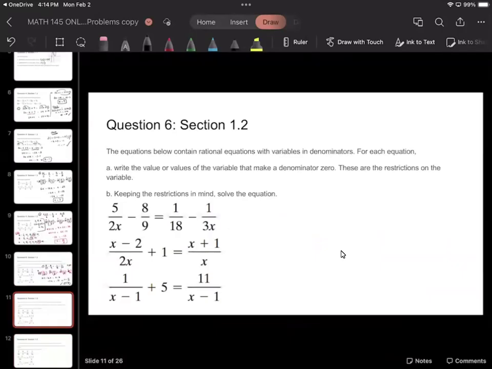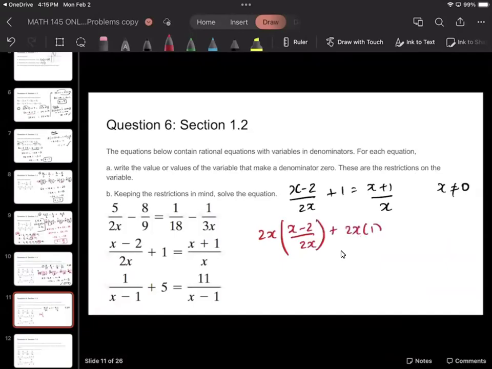Okay, now let's take the second one. x minus 2 over 2x plus 1 is x plus 1 over x. Again, x cannot equal 0. And the LCD is just 2x. So I'm going to multiply by 2x. Now I start cancelling. The 2x and the 2x goes away, leaving me with a 1.